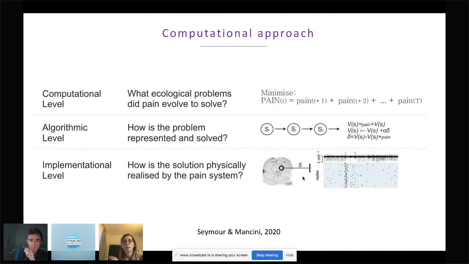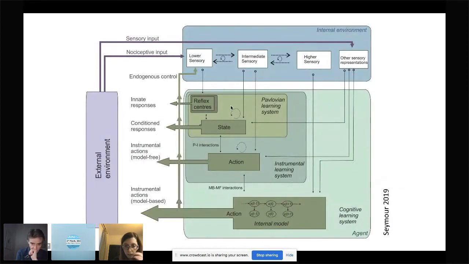There is quite a lot of literature in this field, because we can refer to all the reinforcement learning literature, which describes how different learning systems control, with increasing levels of complexity, different actions in response to pain.